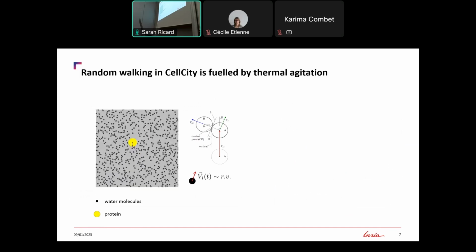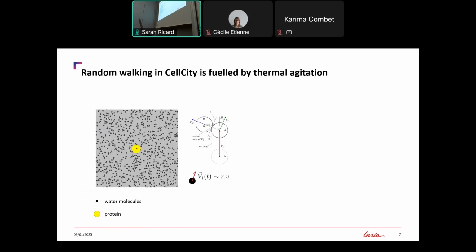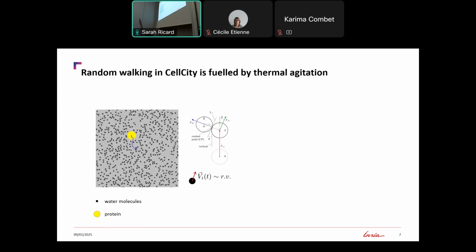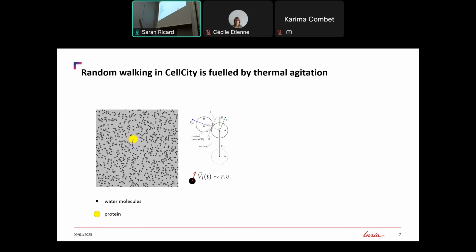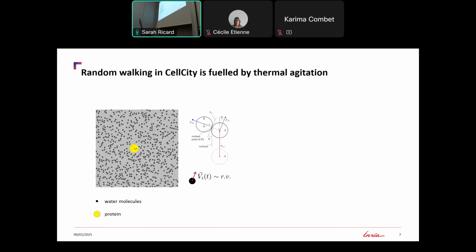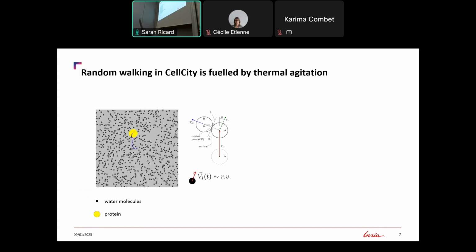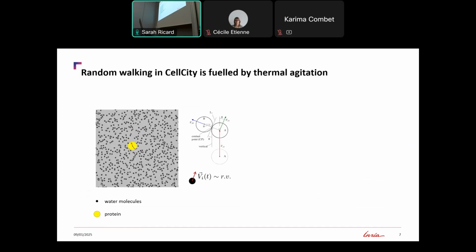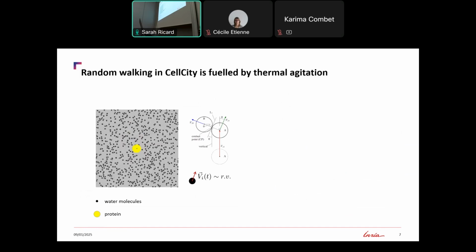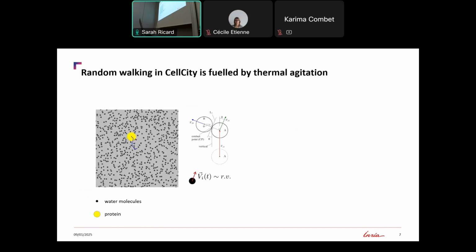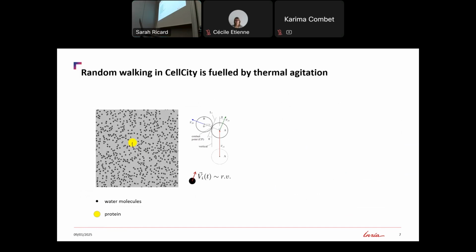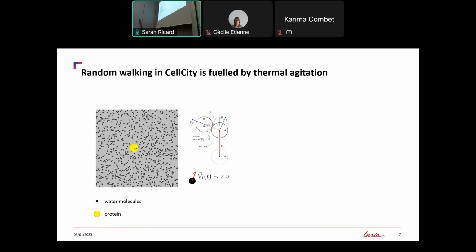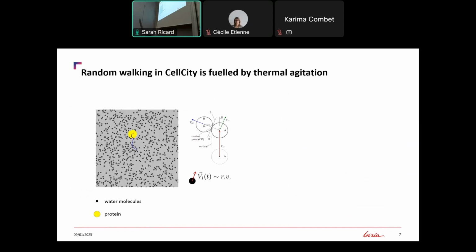But because the direction of the water molecule that collides is random, the movement of the protein is random as well, right? So the randomness of the displacement of the molecule comes from the distribution of the direction of the water molecules. It's a random variable, distributed over the whole volume.